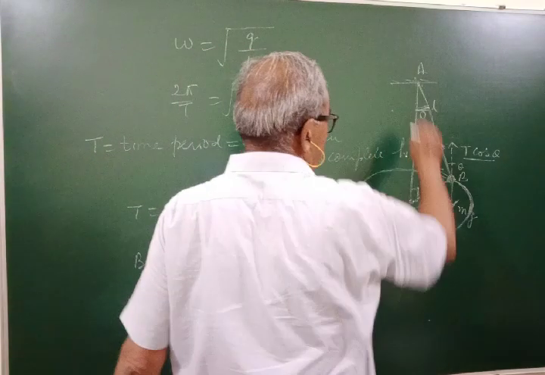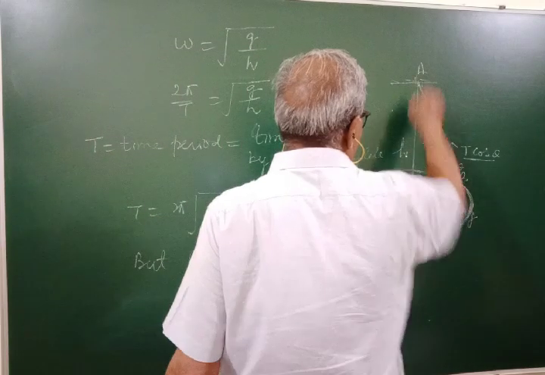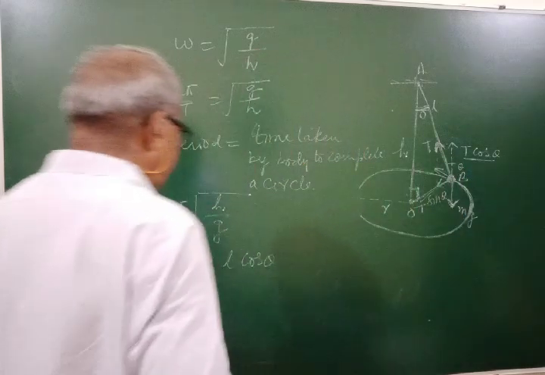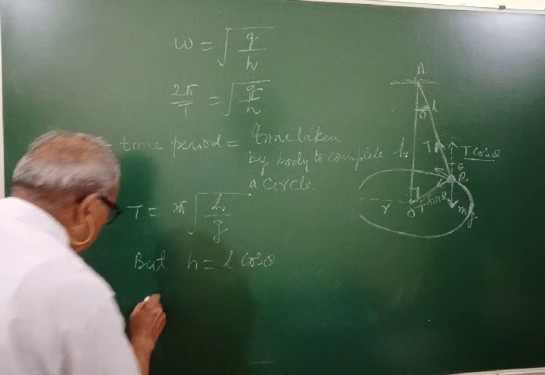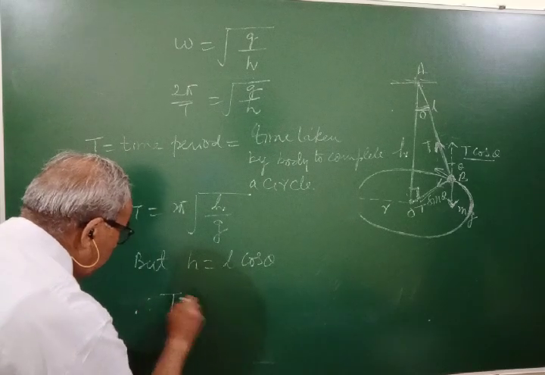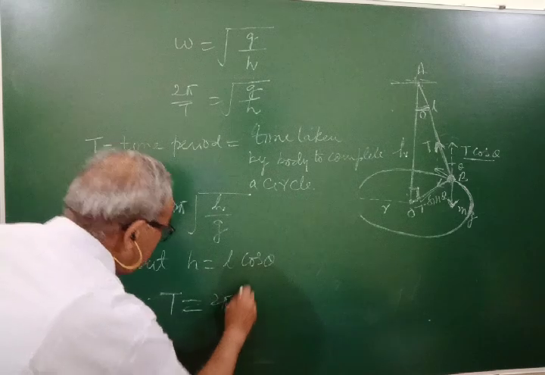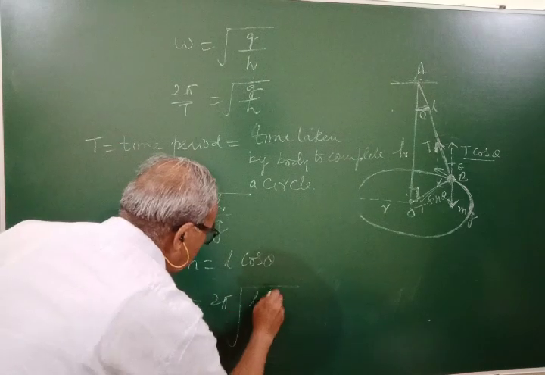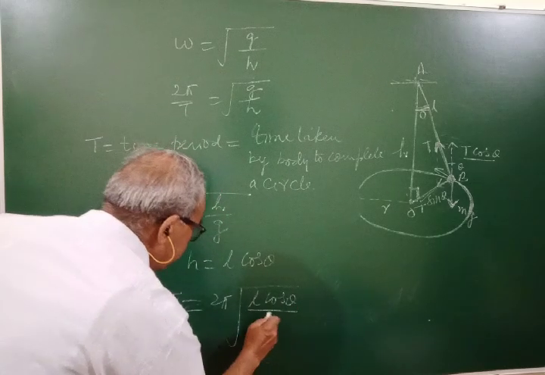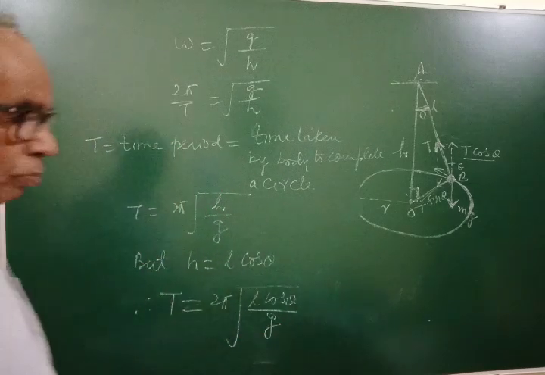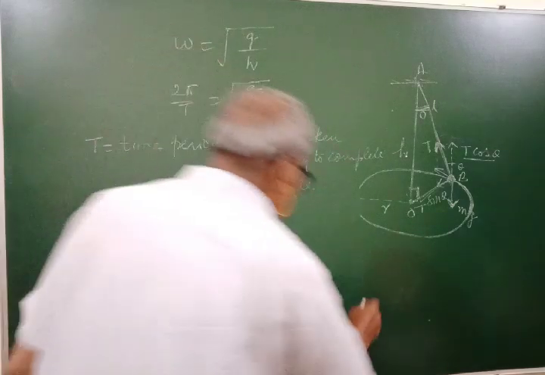This is theta, this is 90, perpendicular base upon hypotenuse, I have to be cos theta. So h equal to L cos theta. So T is equal to 2 pi under root L cos theta upon g. Equation 3.